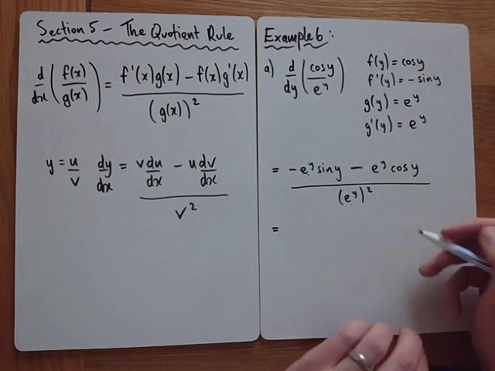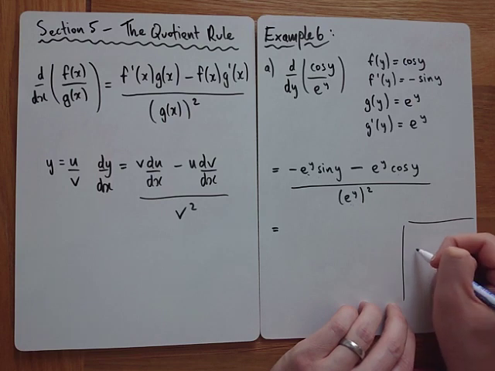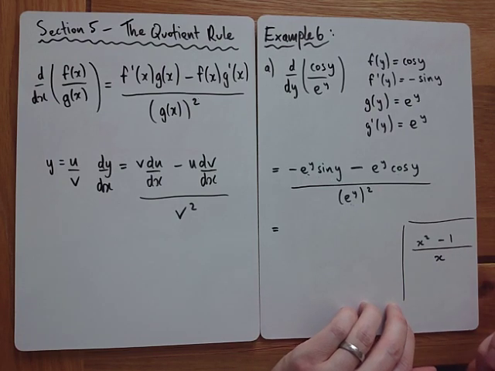Okay, let's do a little side question where people make mistakes. Say I would have had x squared minus 1 over x to the 3.